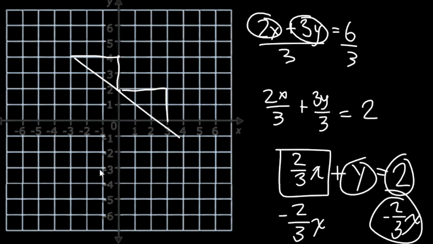So now that we just got that, let's convert from slope-intercept form to standard notation. Say we had the equation y equals negative 2/3 x plus 2.